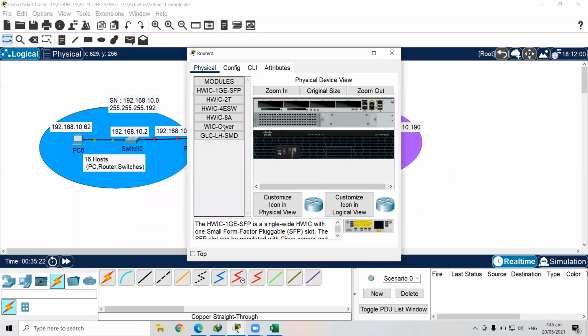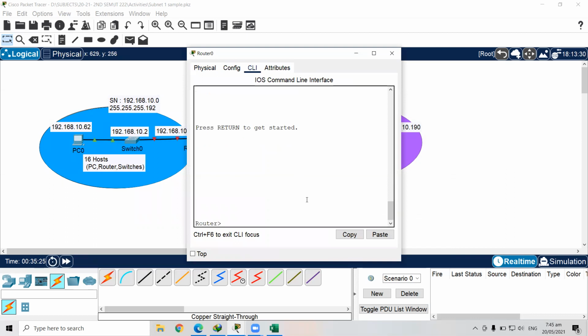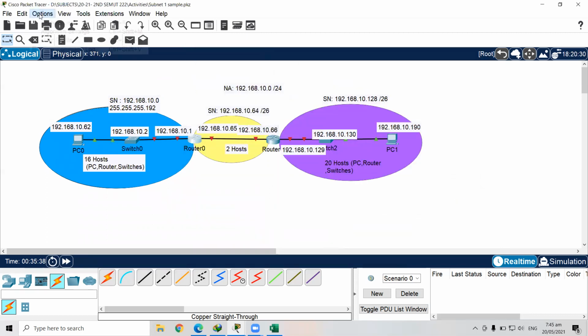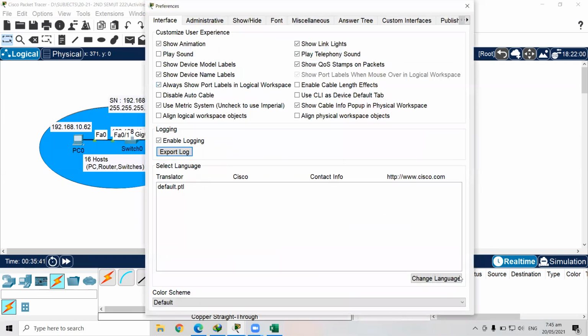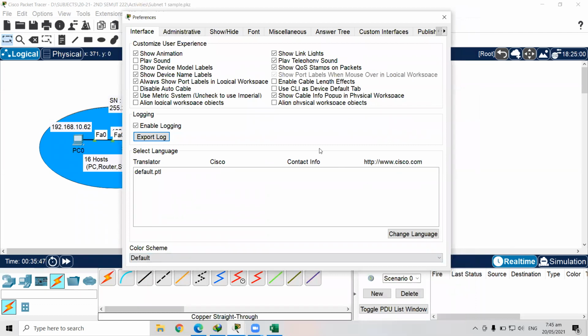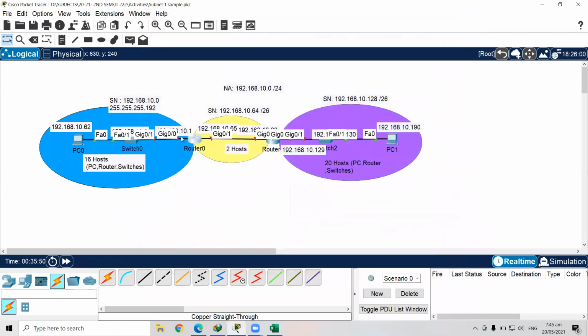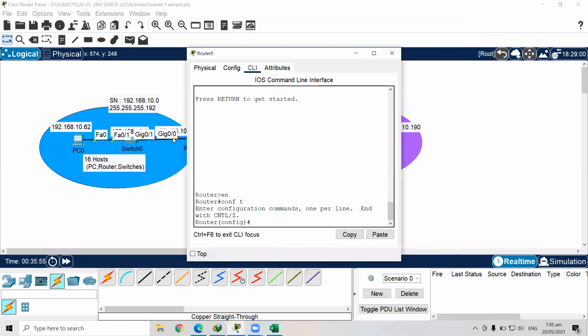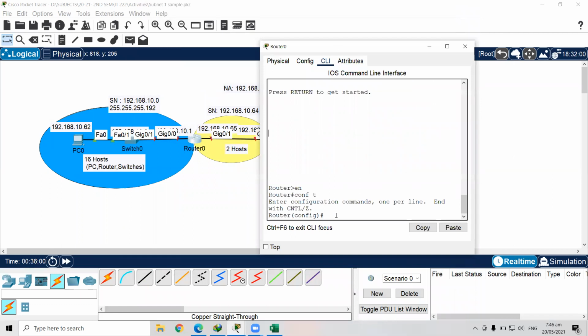Configure natin ang router. Interface to. Show ko lang. So this is gigabit 0/0.